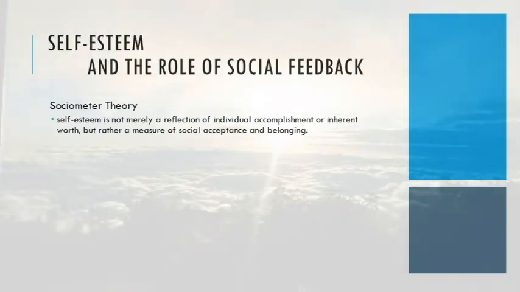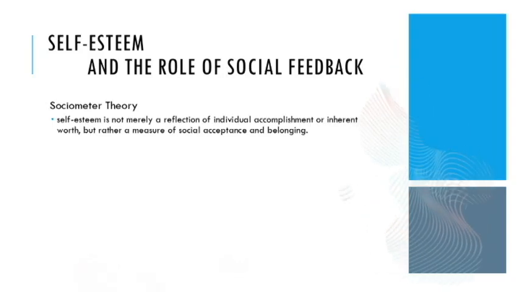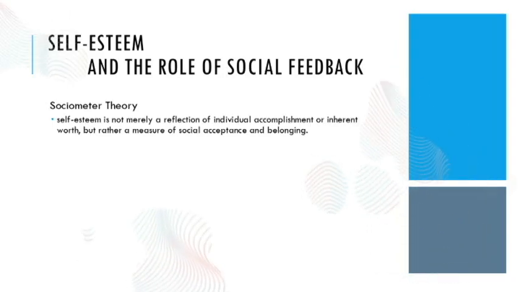And then there's downward social comparison, and this happens when individuals compare themselves to others who are perceived as worse off or less competent. And downward comparisons can serve to boost self-esteem by providing a sense of superiority or relief.